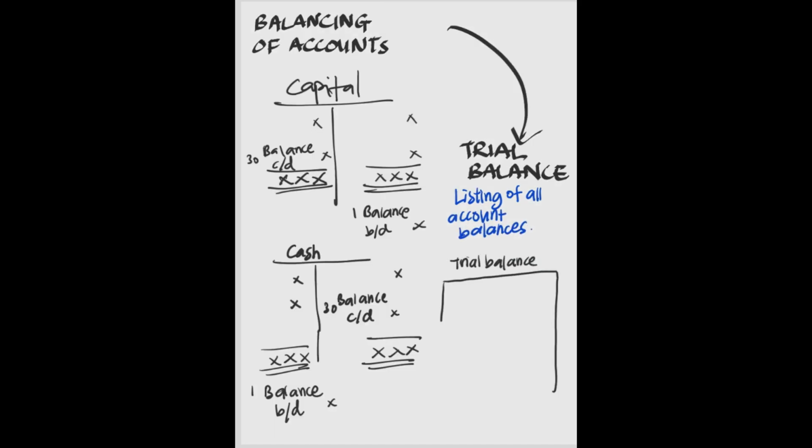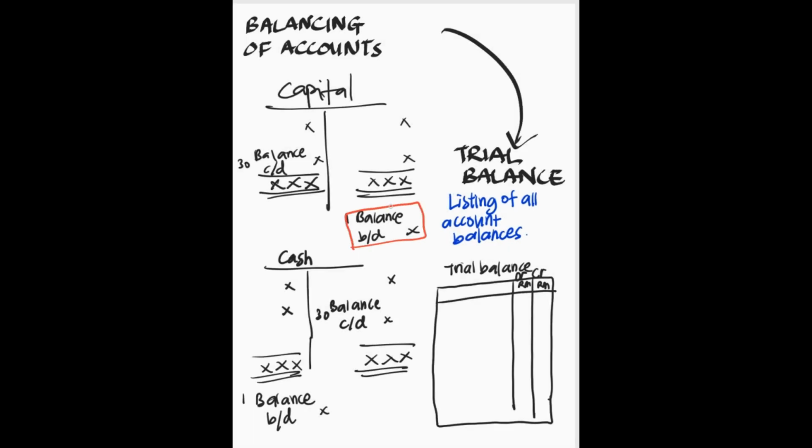So, after all the accounts are balanced, we prepare the trial balance. For example, the balance of capital accounts is put at the credit side of the trial balance, while the cash's balance is put at the debit side of the trial balance. Do this for all other accounts. If it is balanced, you are most likely to be 100% correct.